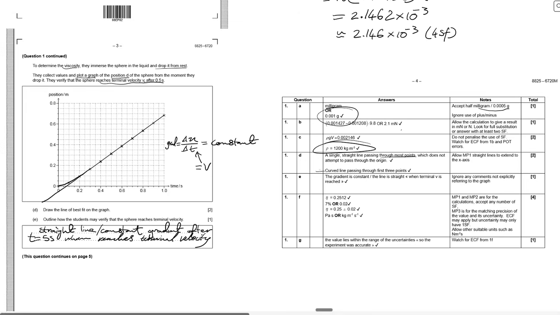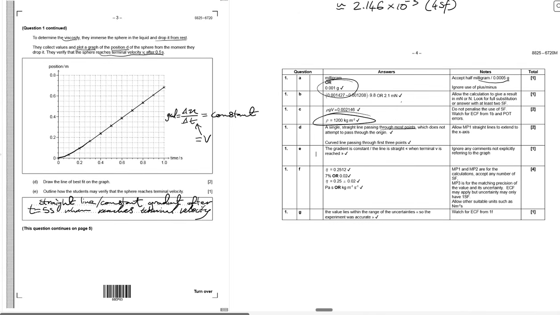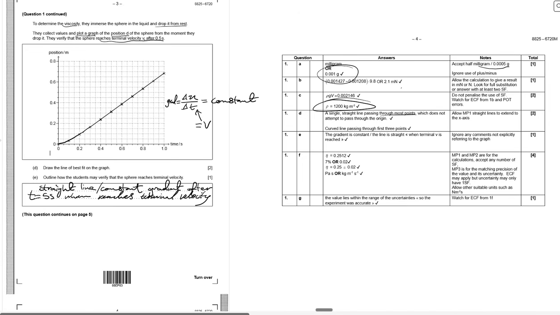And for the second mark, you need a curved line passing through the first 3 points. Okay, so you need this curved line. So we're right there. And so you could have a curved line from the fourth point as well, as long as it passes through the first 3 points. Okay. So that is correct.